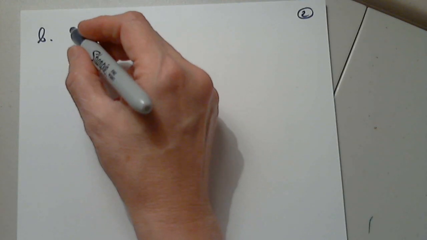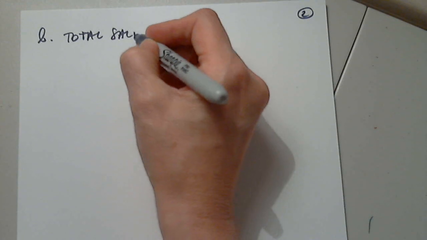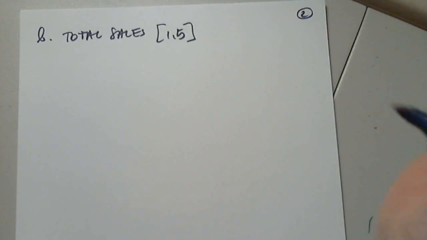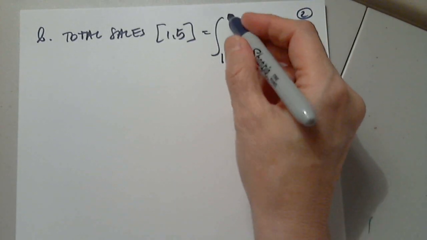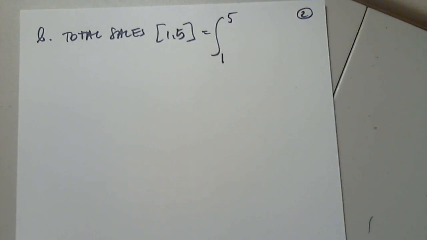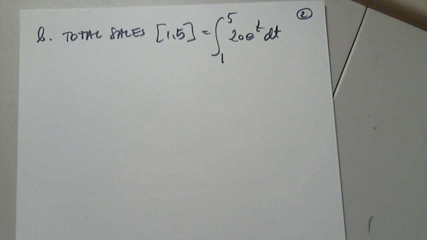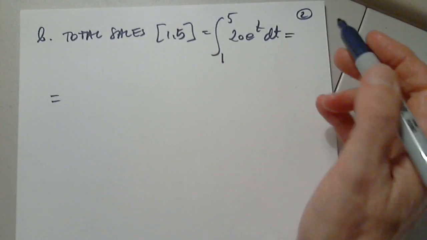So here we have total sales from 1 to 5. So that will be the integral from 1 to 5 of 20e to t dt. Nothing changes. The antiderivative is the same.